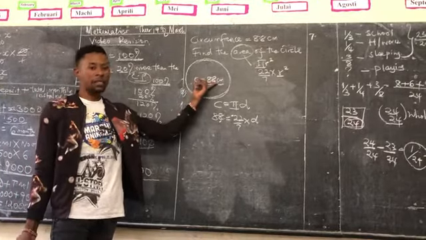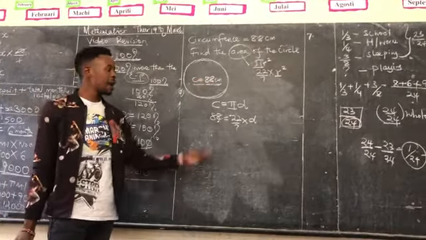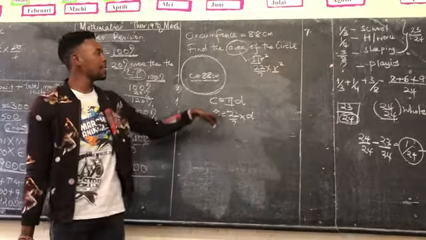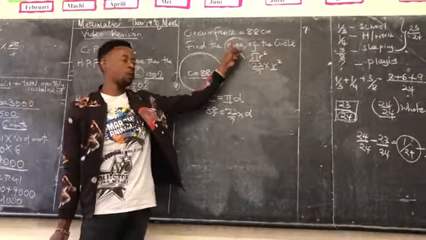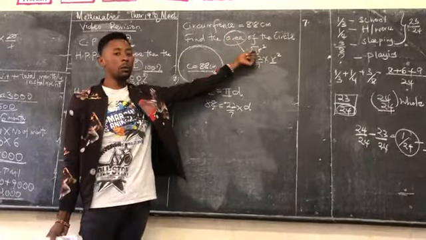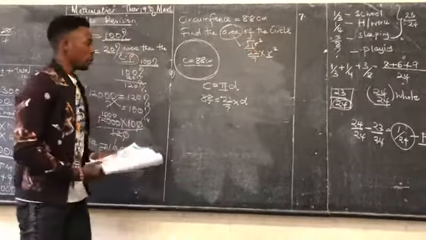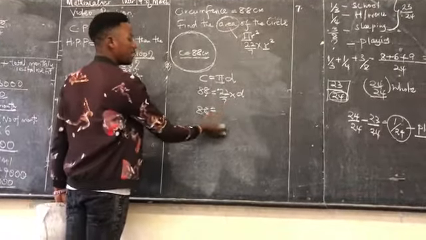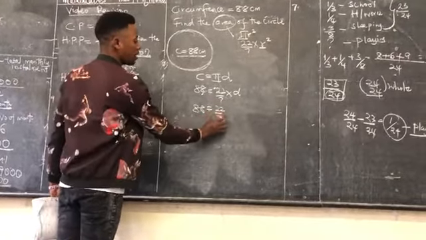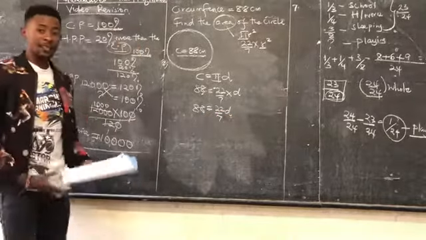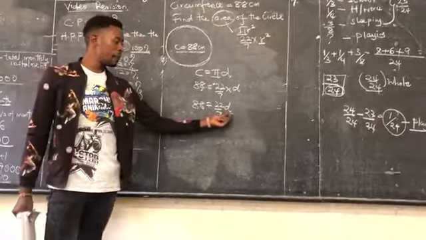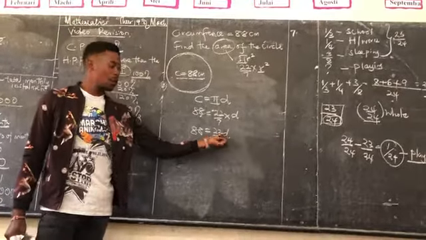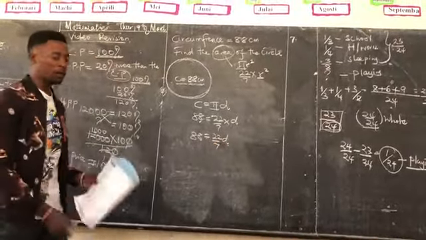Now we want to use this circumference to get the diameter, and after getting the diameter, we get the radius, and with the radius we can get the area of that circle, because area of the circle is equal to pi r squared. So this will be 88 is equal to 22 over 7 times d, that is 22 over 7d. What did I say? As far as a certain unknown letter is attached to a fraction, you multiply both sides by the reciprocal of the fraction.